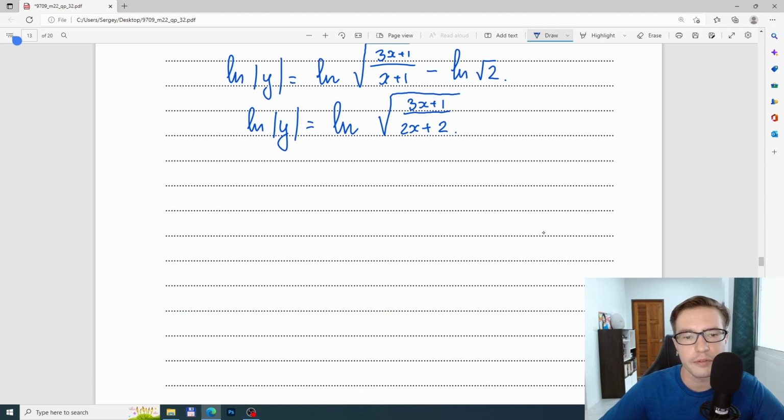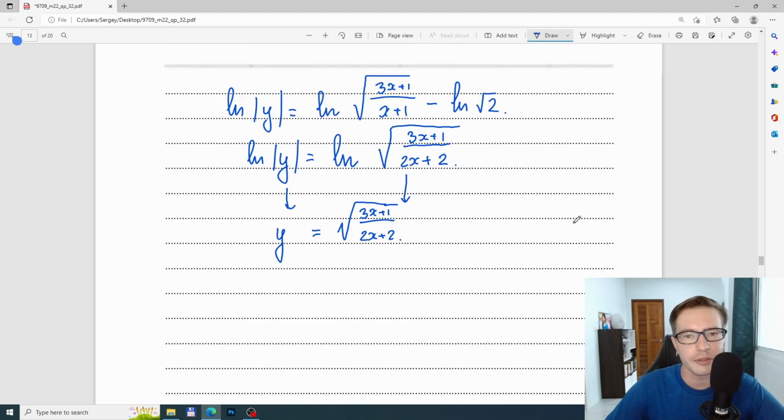Okay, now we have log a equals log b. That means whatever is under the natural log sign must be equal to each other. That brings us to y equals the square root of 3x plus 1 over 2x plus 2. But even that is not our final answer.